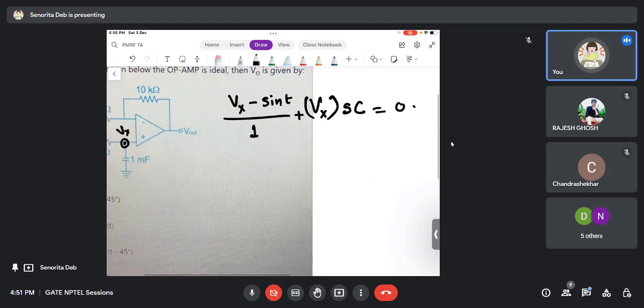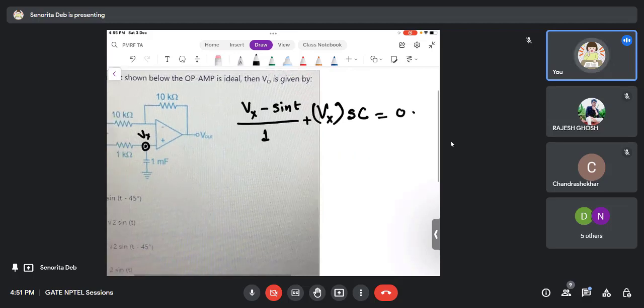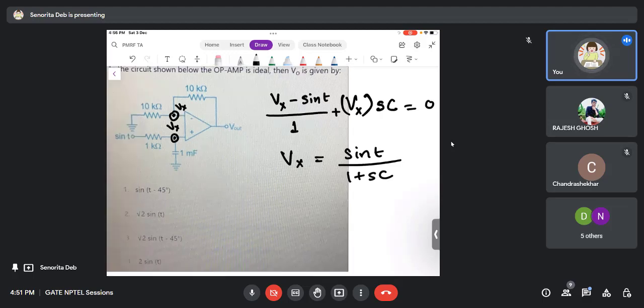Now what will be Vx? Vx is nothing but sine t upon 1 plus SC. Now this Vx, by virtual ground concept, is the same Vx here, and therefore what is the V out value here?